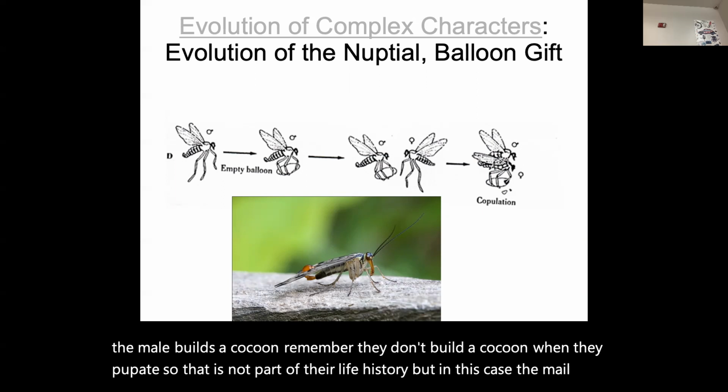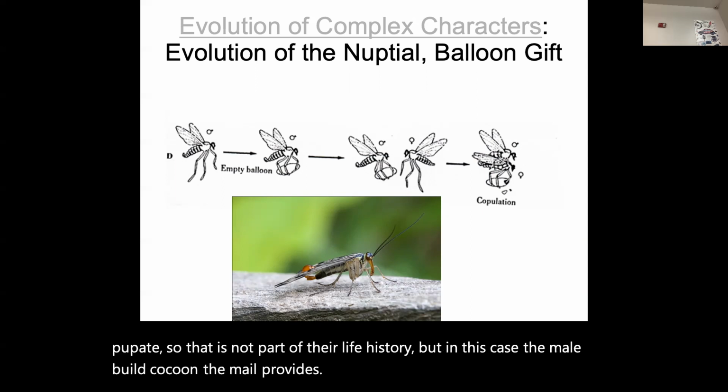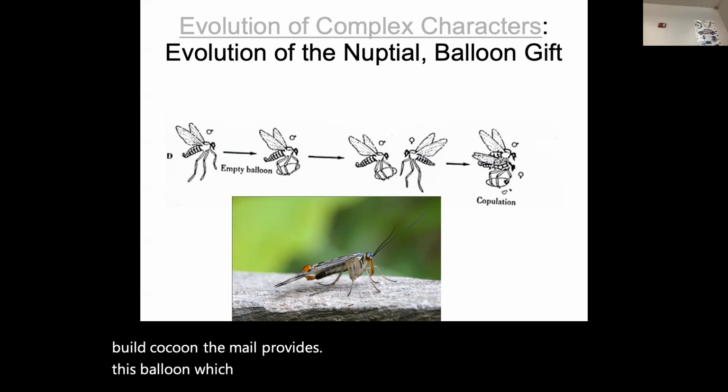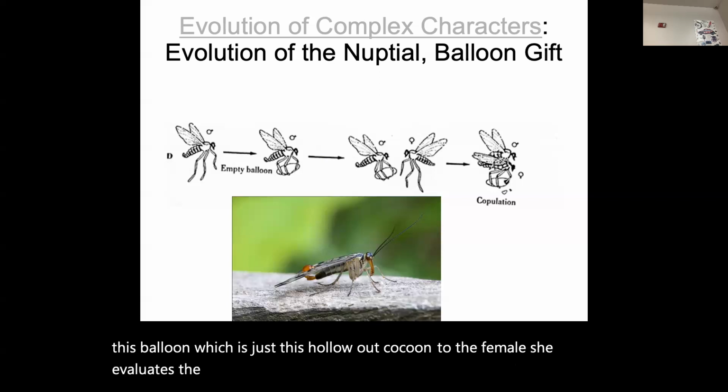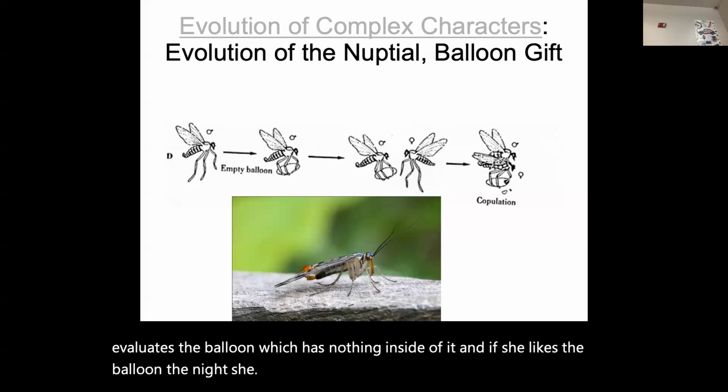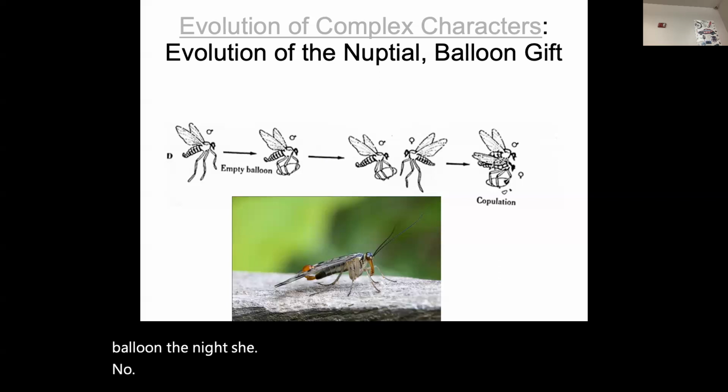The male provides this balloon, which is just this hollowed-out cocoon, to the female. She evaluates the balloon, which has nothing inside of it. And if she likes the balloon, they mate. And if she doesn't like the balloon, no. How does that occur? And how cool is that?